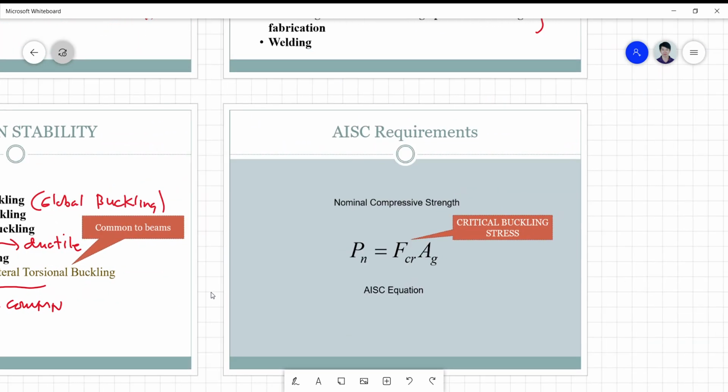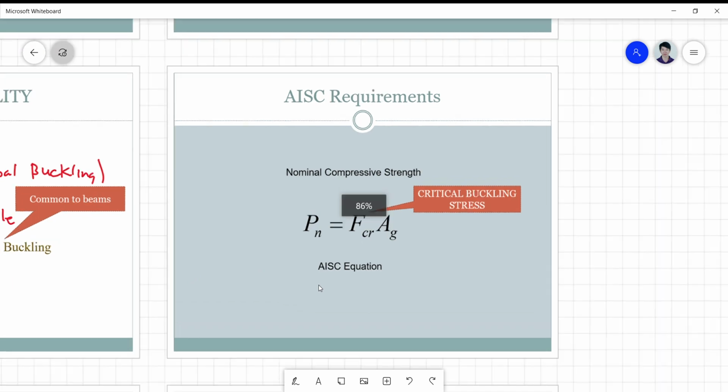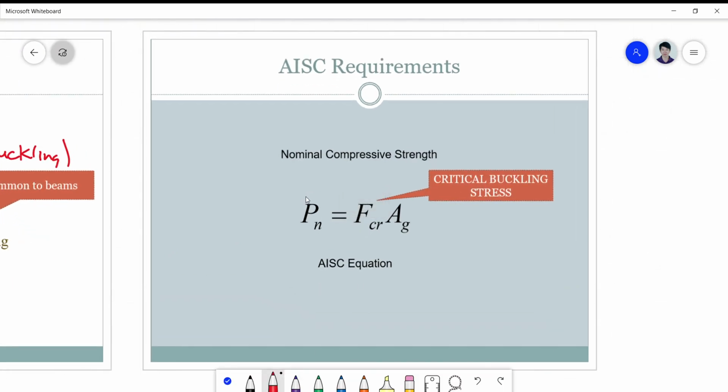So the AISC requirement for this, take note that your resistance, which is equal to phi Fcr Ag, must always be greater than the summation of gamma i Qi.